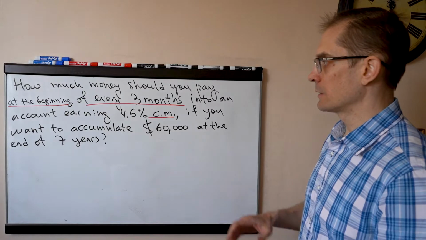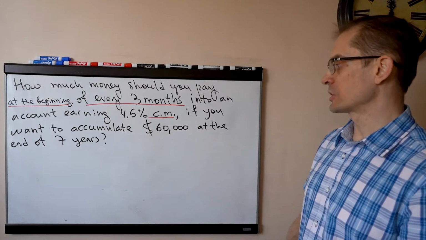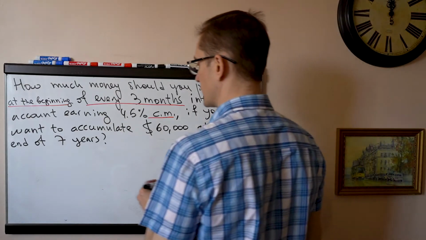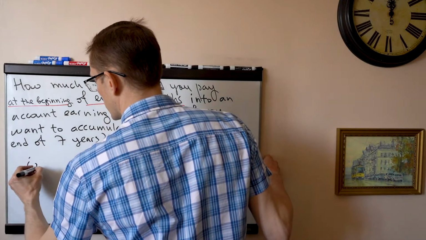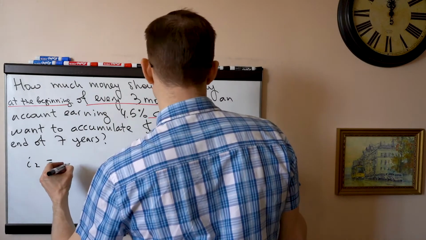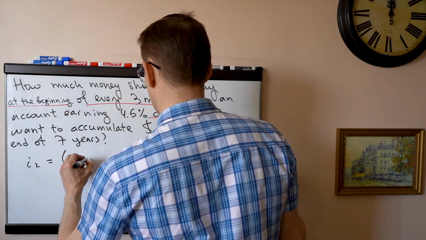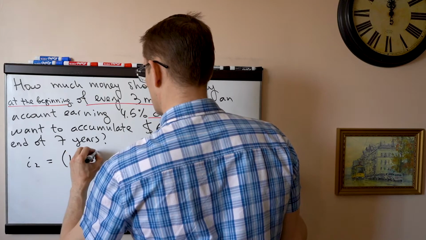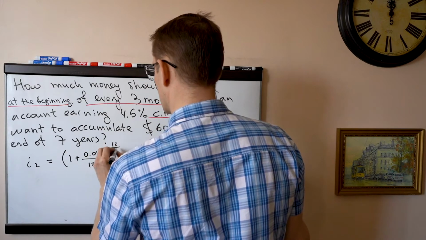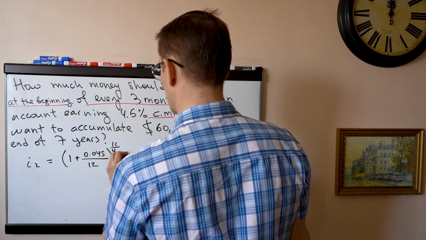Now, that is the question about future value. We want to accumulate $60,000. But first we start with I2 because it's a general annuity. So we need to convert our rate. So we will have 1 plus 0.045 divided by 12, with exponent 12 over 4, minus 1, right?